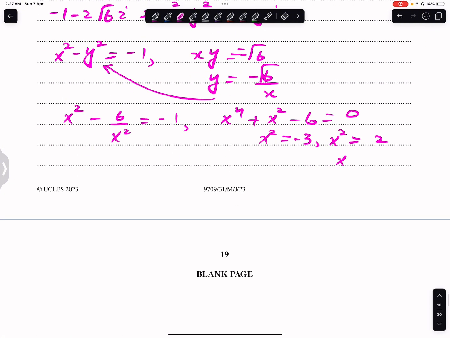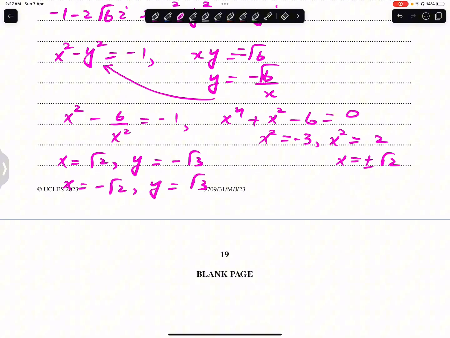So x is equal to plus minus √2. So if x is √2, y is minus √3. If x is minus √2, y is √3. So my values are √2 minus i√3 and minus √2 plus i√3.